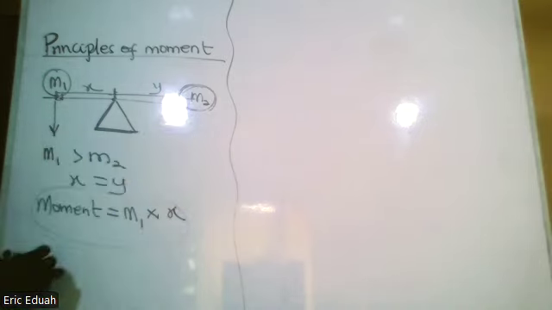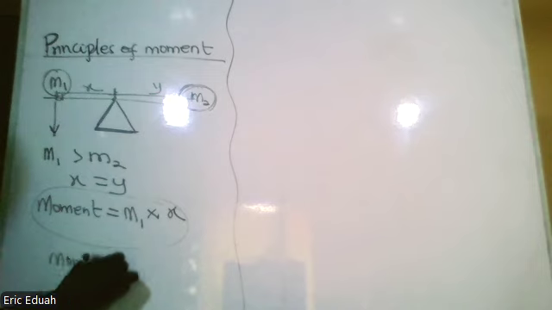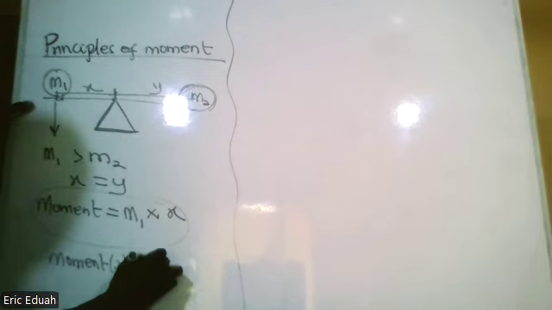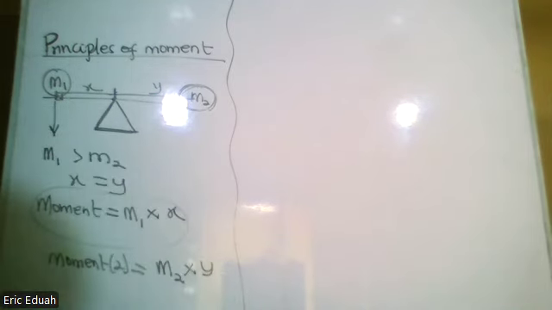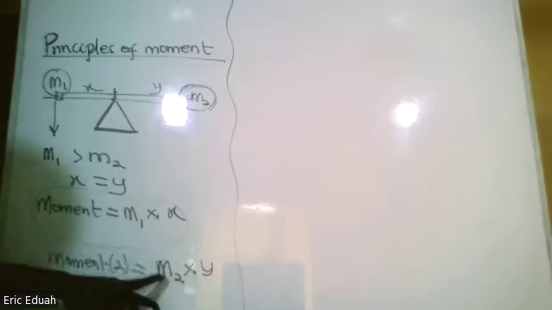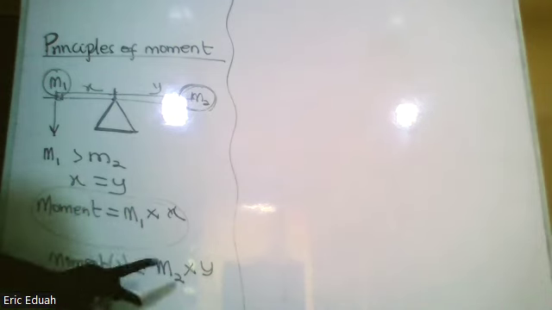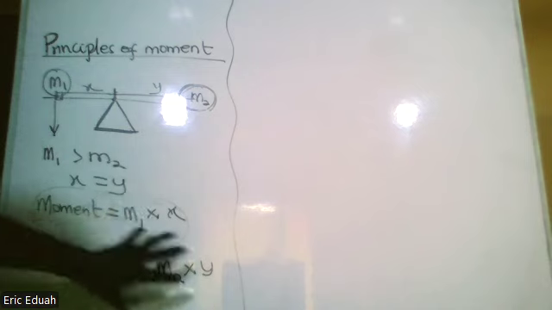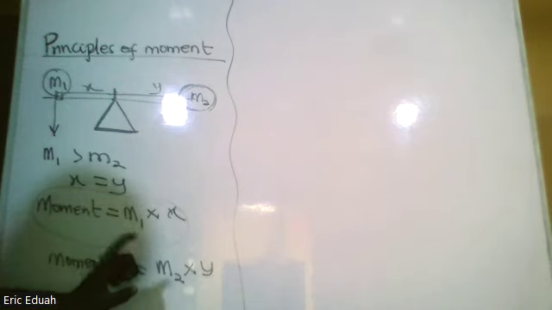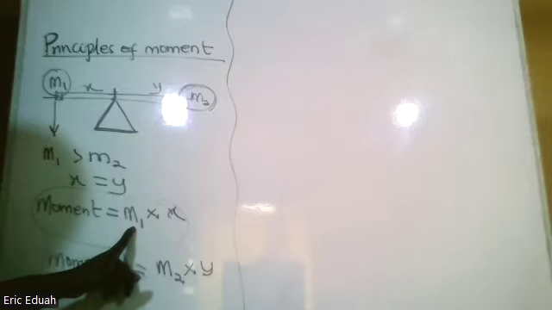Turning effect produced by mass 2, moment 2, is also M2 by the perpendicular distance Y. You see, X and Y are the same, but the masses are different. M1 is greater than M2, meaning that the moment produced by this will be greater than the moment produced by the second mass M2, because the difference here has to do with the masses.